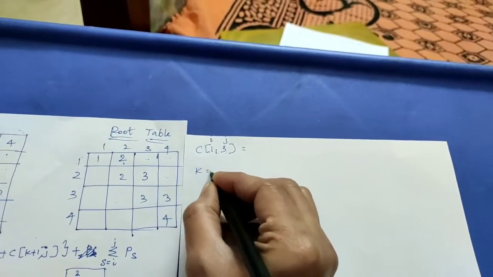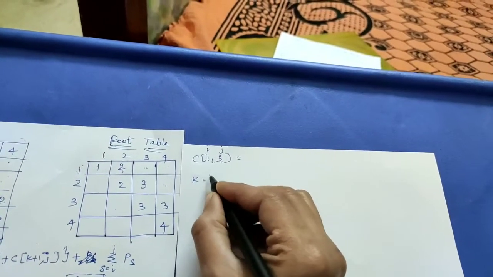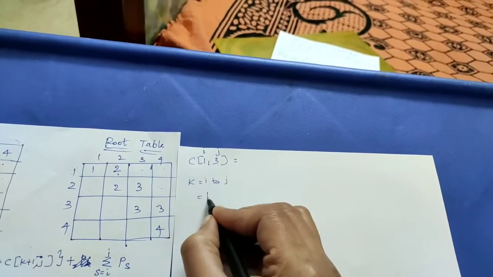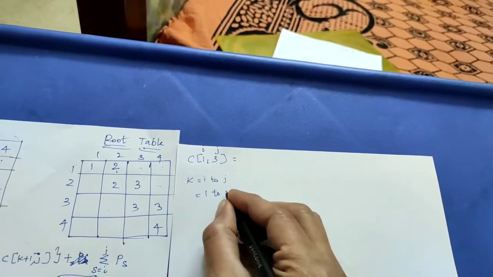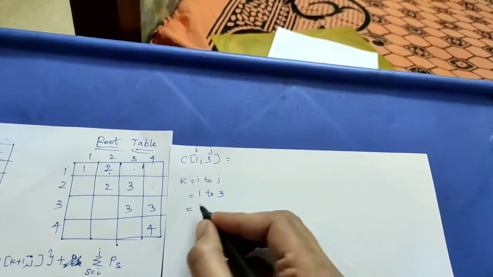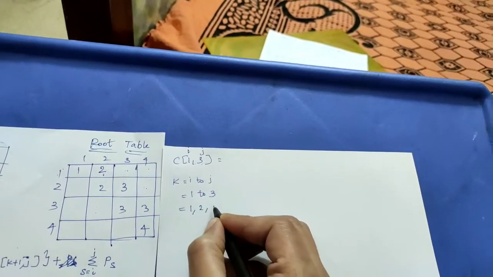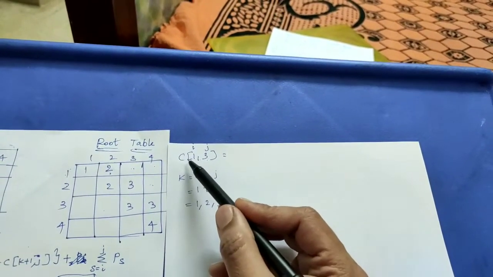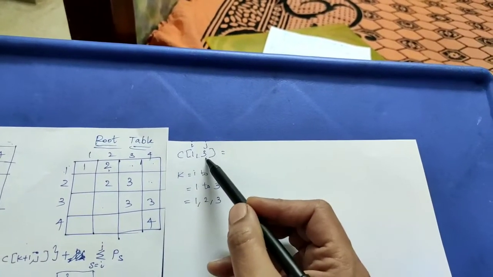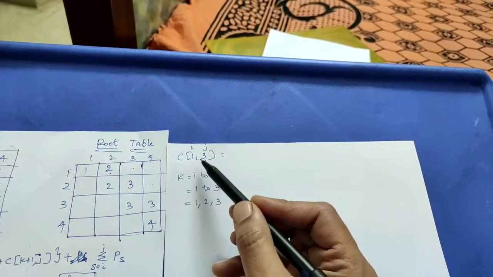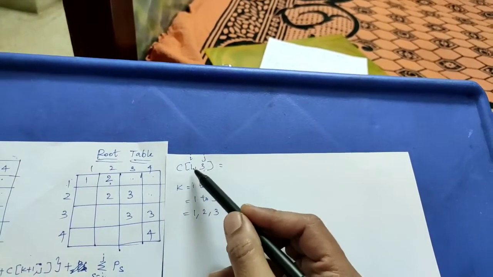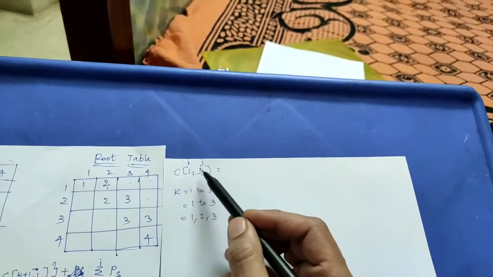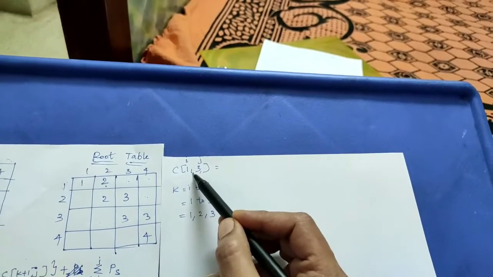So while finding the k value, I have to find from i to j. That is, i starts from 1, 1 to 3. So 1 to 3 means 1 should be processed, 2 should be processed, 3 should be processed. Till now we didn't have any number missing between i and j, but at this location, in between 1 and 3, one number is missing, that is 2.